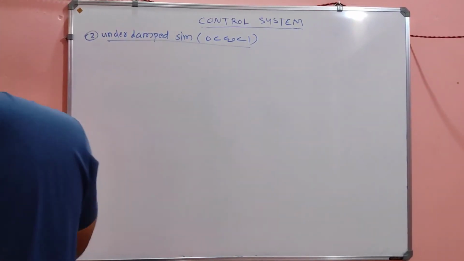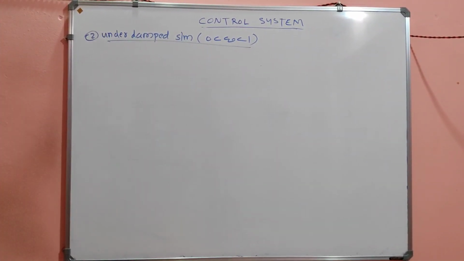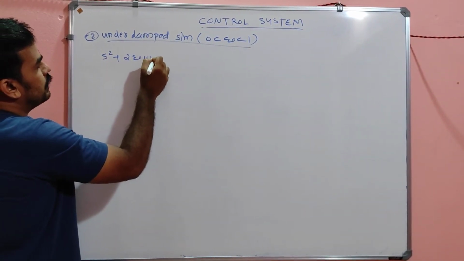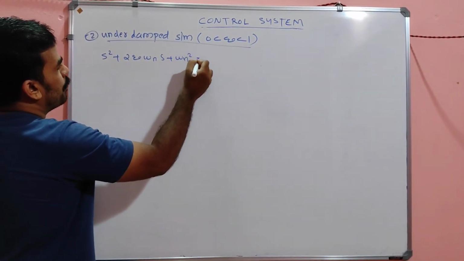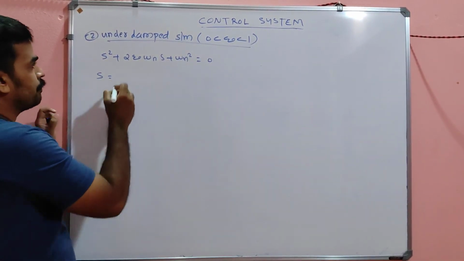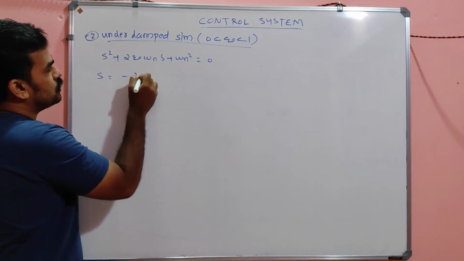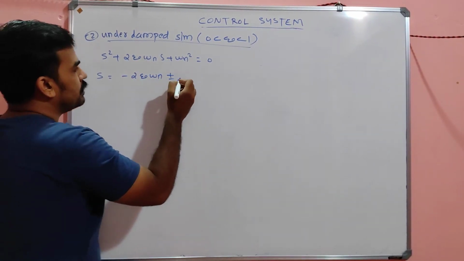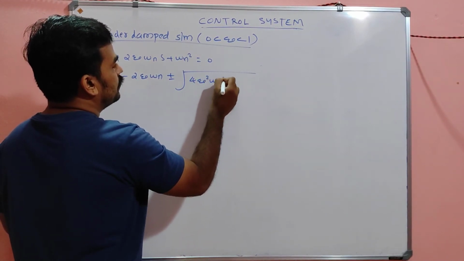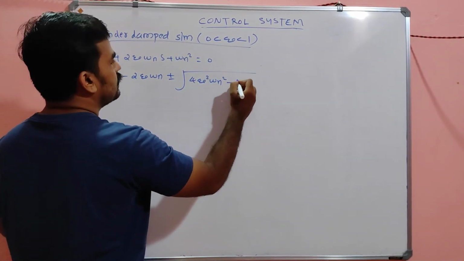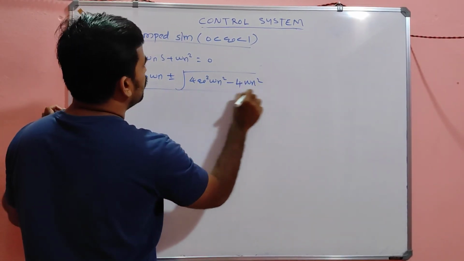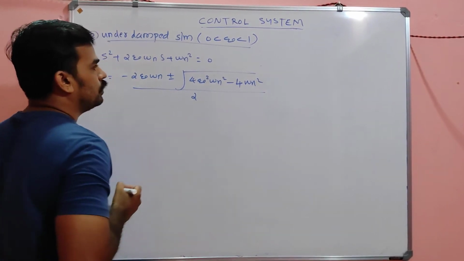That is the meaning of the underdamped system. So what will be the characteristic equation then? S square plus 2 theta omega n into S plus omega n square equal to 0. What is the value of S here? S equals minus b plus or minus root of b square minus 4ac, that is minus 2 theta omega n plus or minus root of 4 theta square omega n square minus 4 omega n square, all divided by 2. Correct?